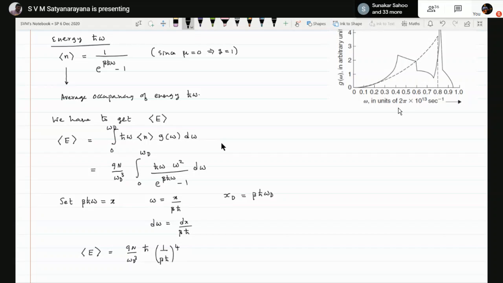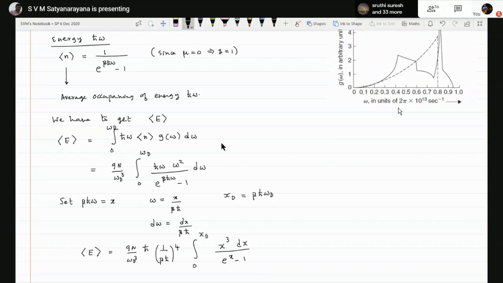Now I can write this as the integral from 0 to xd of x cube dx divided by e to the power x minus 1.